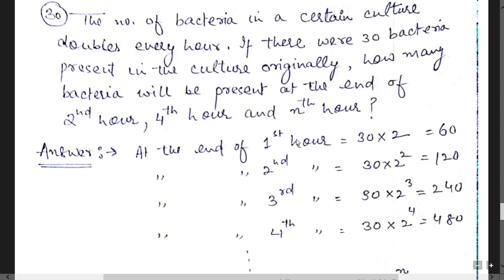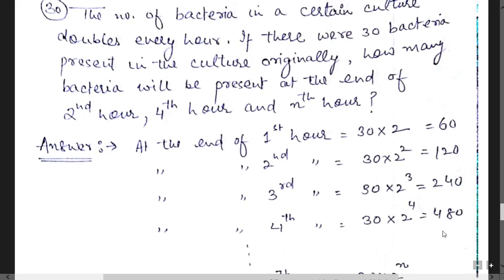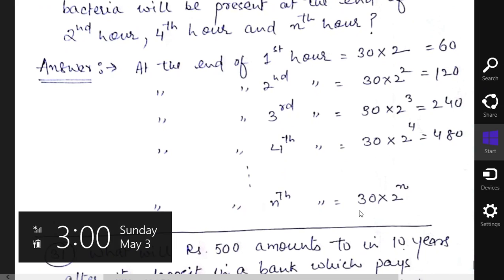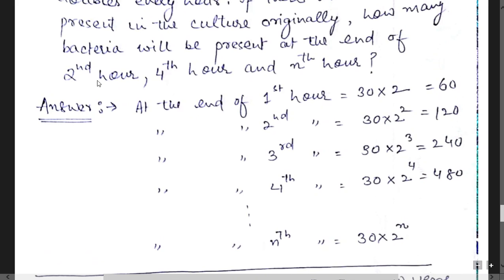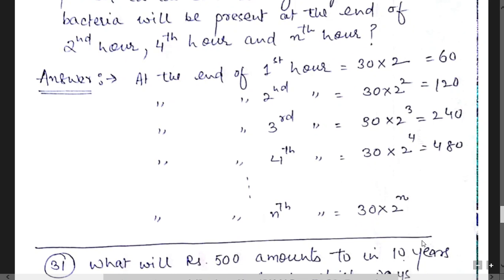It means after 1 hour the value is 60, and after the second hour the value is 120, and in the third hour it's 240, again double, and then in the fourth hour it's 480, and in the nth hour it's 30 into 2 raised to power n. It is the answer. Basically you have to find out that in the second hour it is 120, and in the fourth hour it's 480, and in the nth hour 30 into 2 raised to power n. Each time it's multiplied by 2.